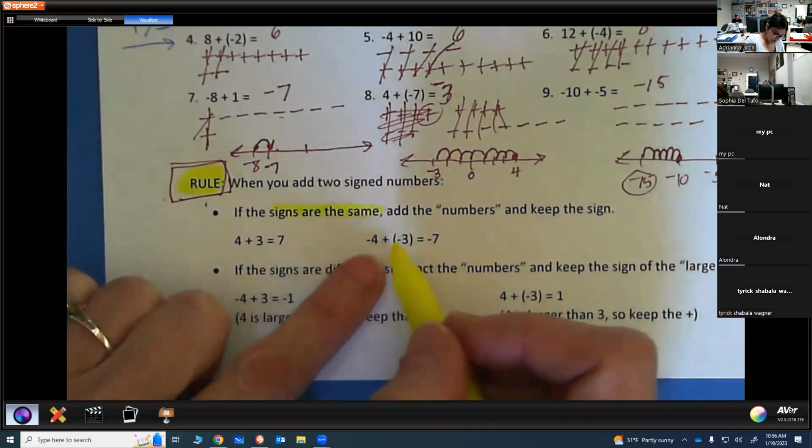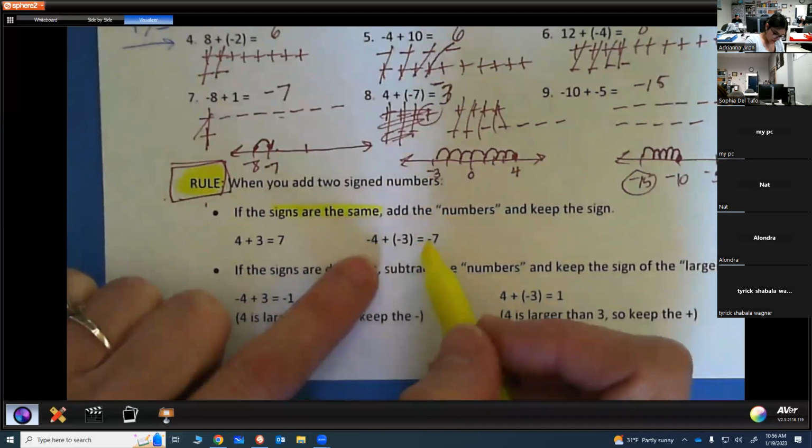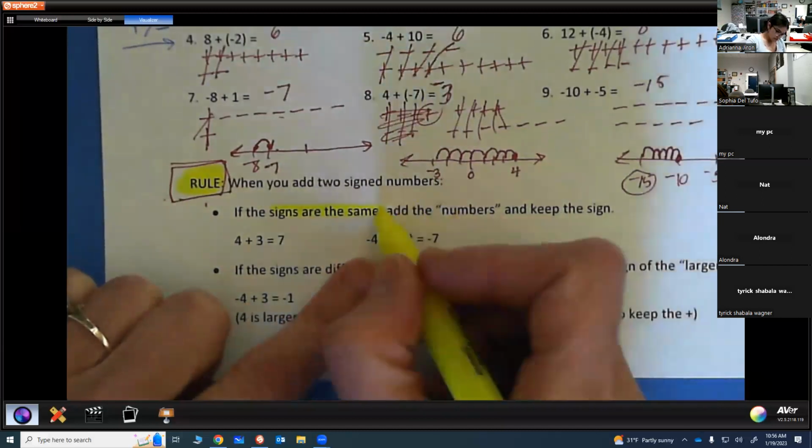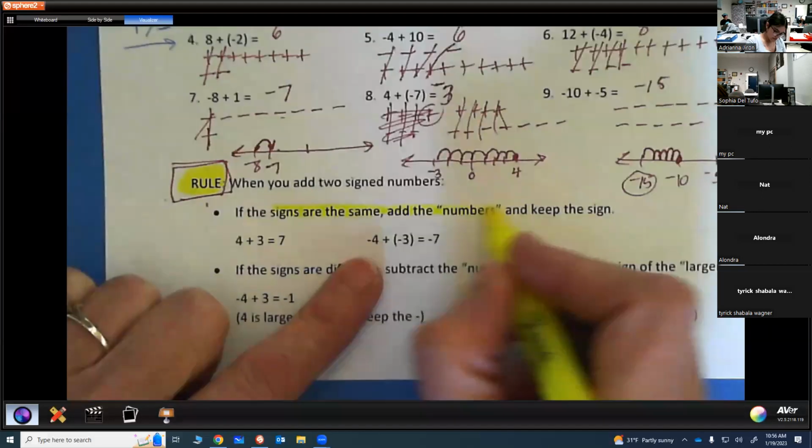So a negative plus a negative is just more negative. So -4 plus -3 is -7.